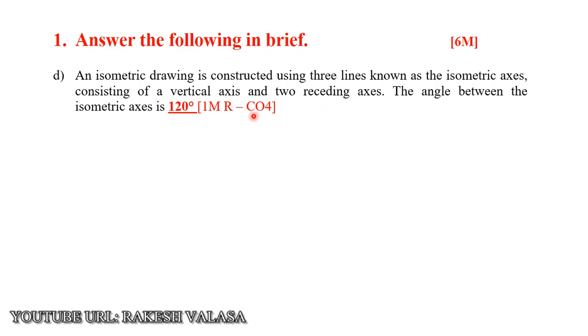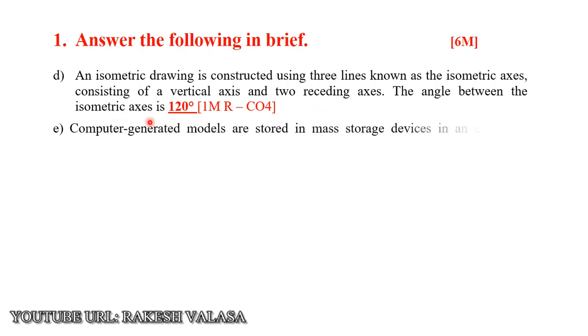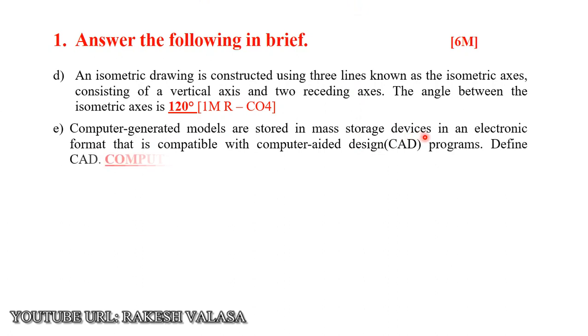The angle between isometric axes is 120 degrees. Question number E. Computer generated models are stored in mass storage devices in an electronic format that is compatible with computer aided design programs. Define CAD. Computer aided design.